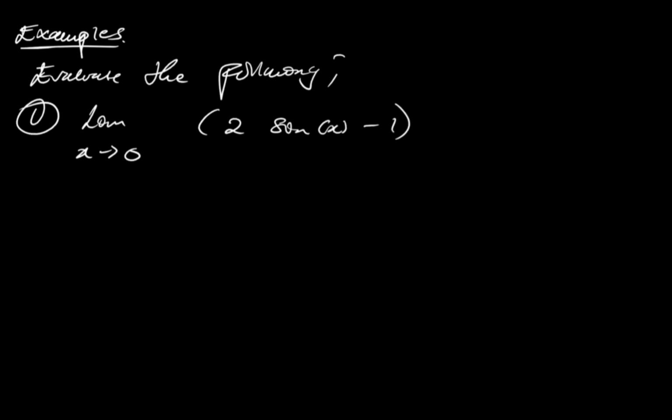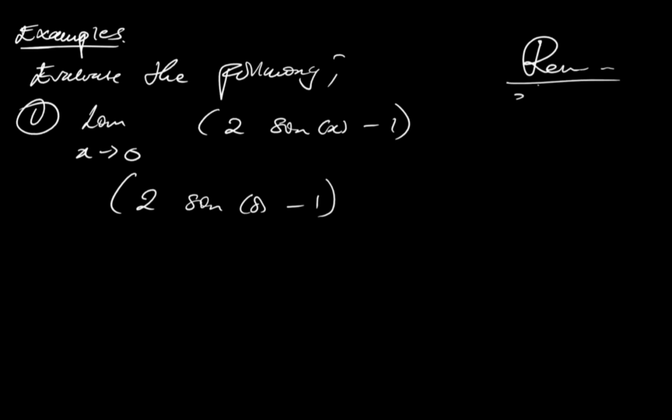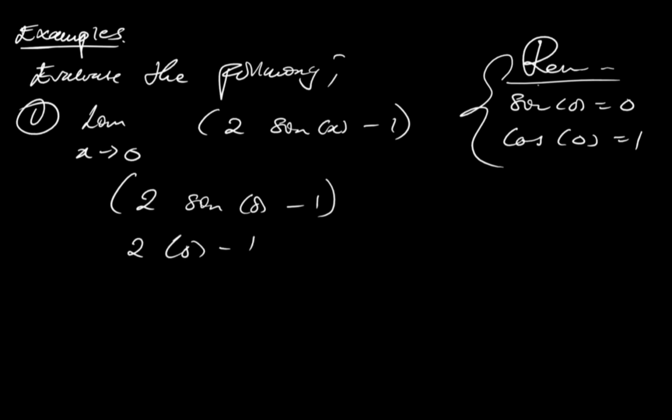You can just substitute directly, and we get 2 sine 0 minus 1. Just a quick reminder: sine 0 is equal to 0, but cos 0 is 1. Don't forget these two important pointers. So here you have 2 times 0 minus 1, so you get minus 1 as your final answer. It's that simple.